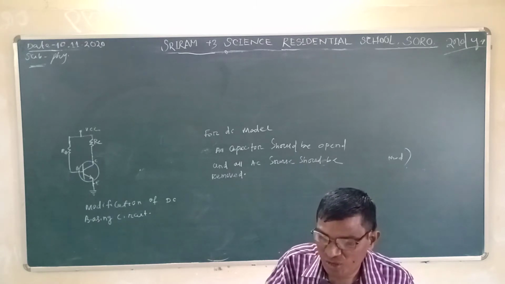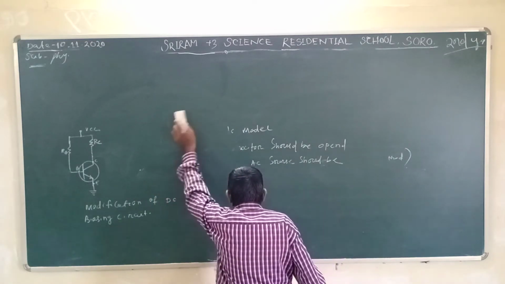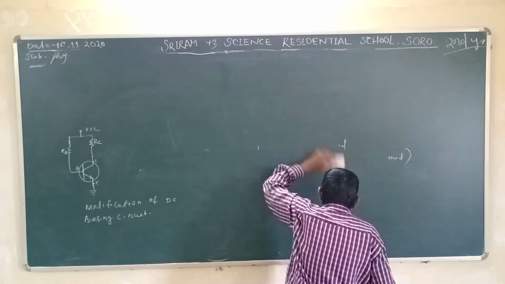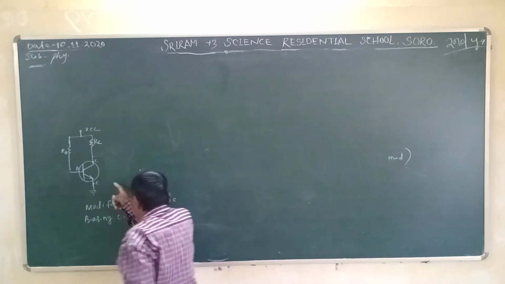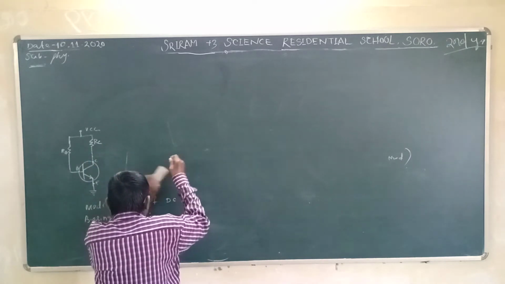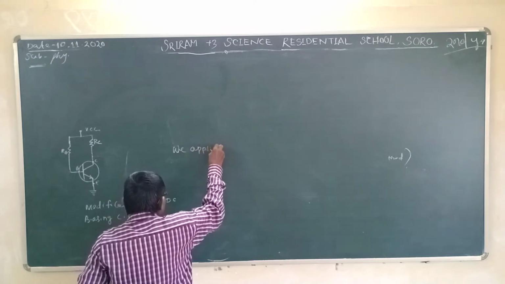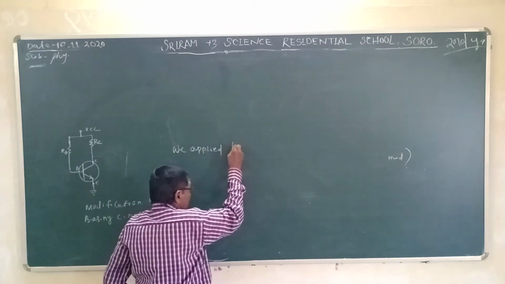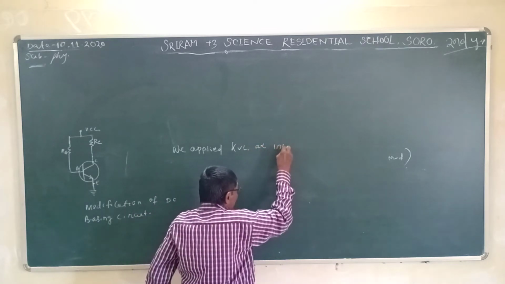So now we start the DC analysis. We apply KVL at the input side.